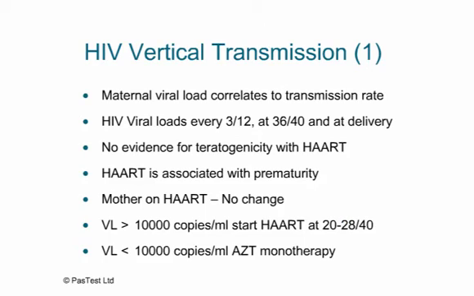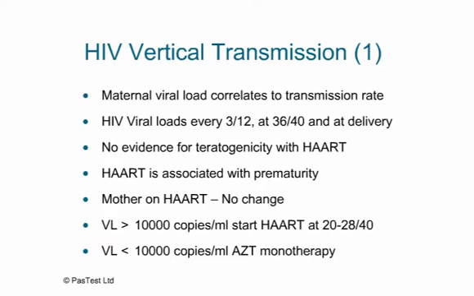So, vertical transmission of HIV is a pretty hot topic generically, because it's somewhere where we can intervene and actually do something. So from the mother's perspective, the key fact here is that maternal viral load correlates with transmission rate.